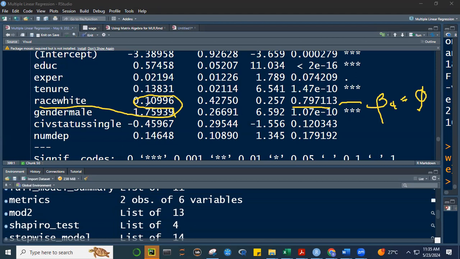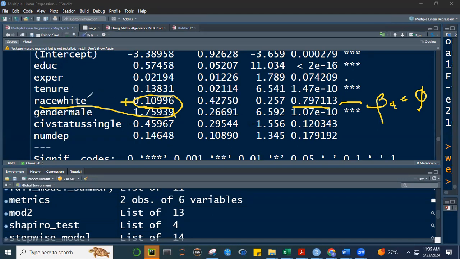Okay, but assuming this is significant, let's assume that this p-value is less than 0.05, then how do we interpret this? On the average, white people earn 0.11 centavos, or 0.10996 dollars, more. Why more? Because this is positive.